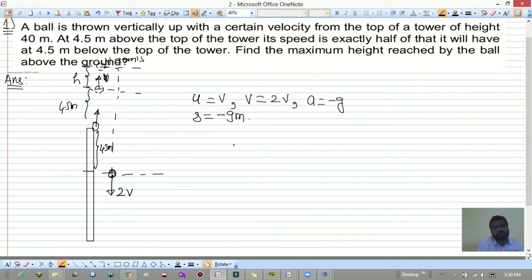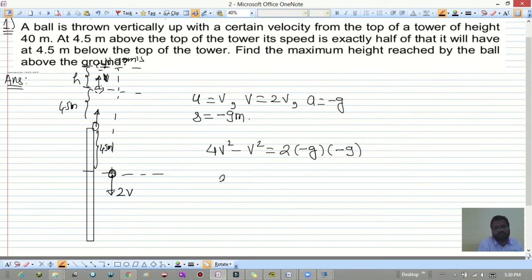So if you just put in the third kinematic equation, v squared minus u squared is equal to 2as, we will get the value of v, and that is 4v squared minus v squared is equal to 2 into a, that is minus g, into s, that is minus 9.